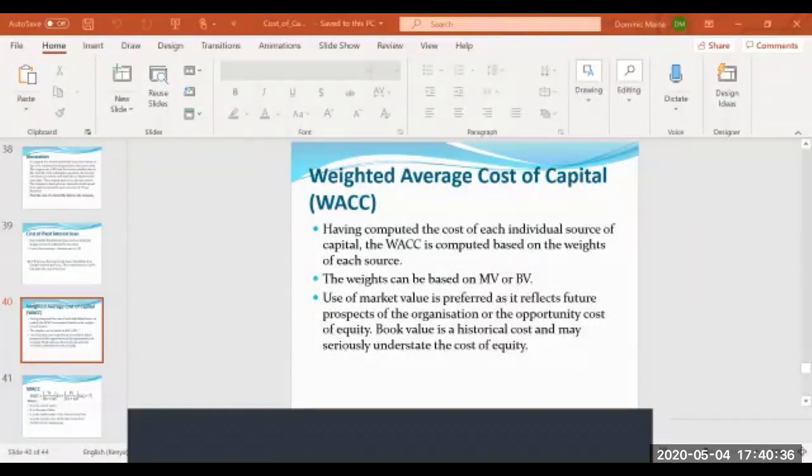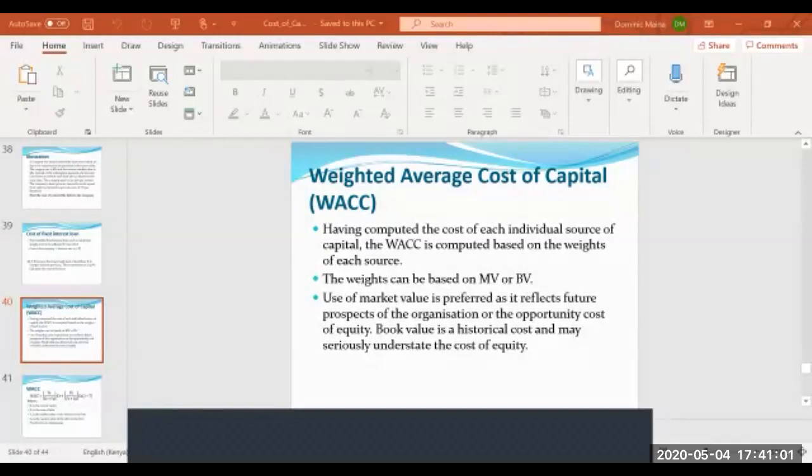Essentially, we said that we first need to know where the money came from. First, determine who has been providing the company with finance. Is it from the bank? Is it from equity shareholders? Is it from the private shareholder? So the first step is to determine where the money came from.